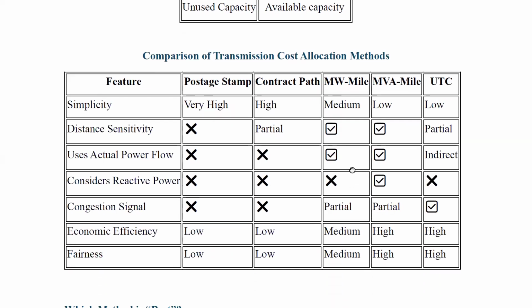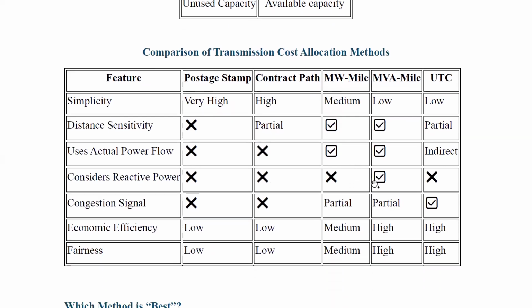Next comes the comparison of the transmission cost allocation methods. Here we deal with the features of simplicity, sensitivity, actual power flow, reactive power, congestion signal, economic efficiency, and fairness. The techniques are the postage stamp method, contract path method, megawatt mile method, MVA mile method, and UTC method.